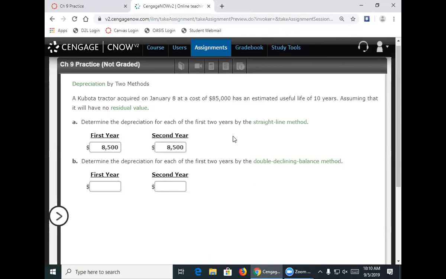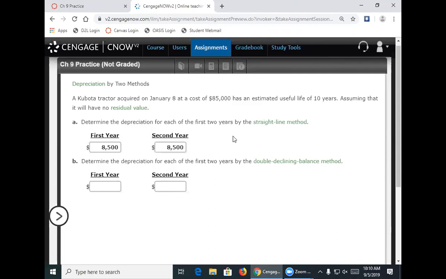Your book value is going to change every year. Every year that you depreciate the asset, that book value is going to go down. Okay, so book value is the value we listed on our balance sheet. So book value is always cost minus accumulated depreciation.